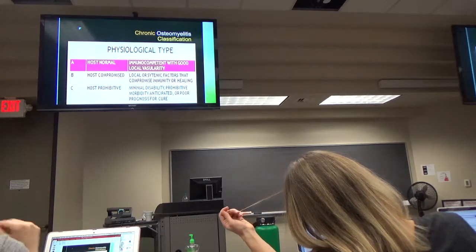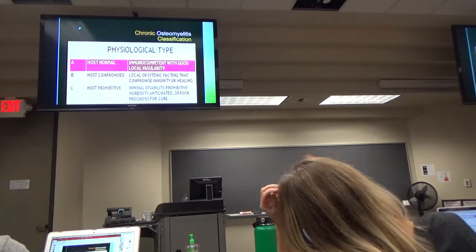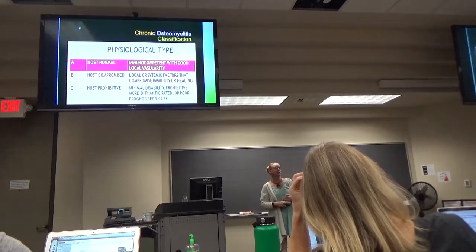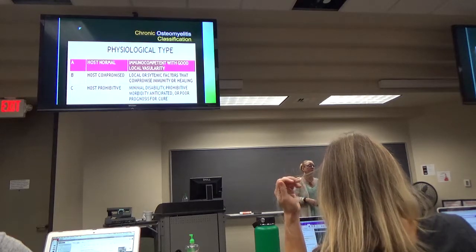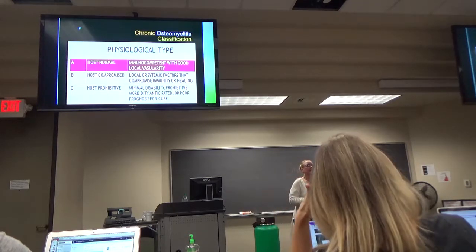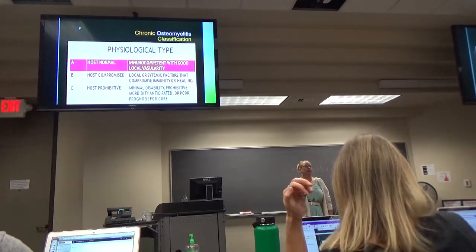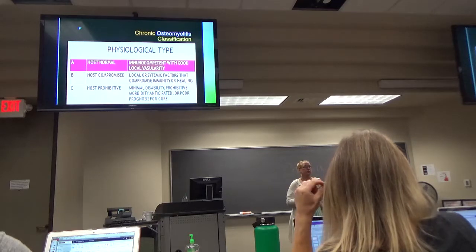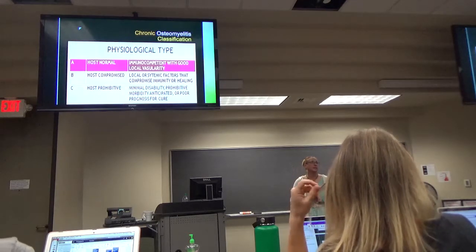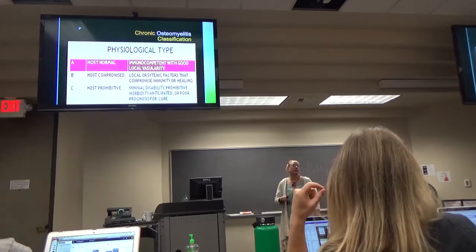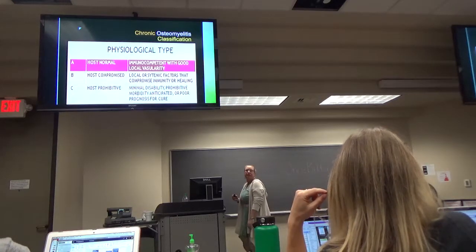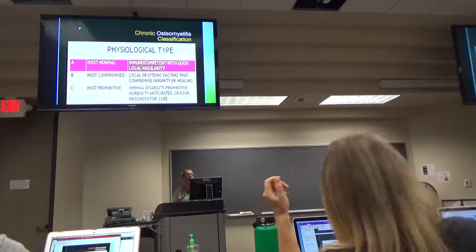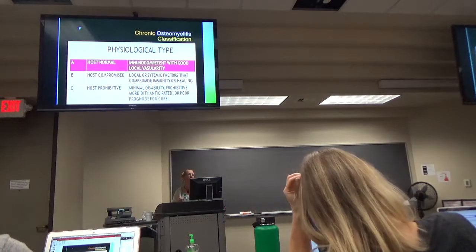This is the most common presentation of what your host is going to be like according to your chronic osteomyelitis. So if you have good localized vascularity, your patient is usually going to have a normal physiological type. If they have local or systemic factors that are compromising their immunity or healing, then it's called host compromised.